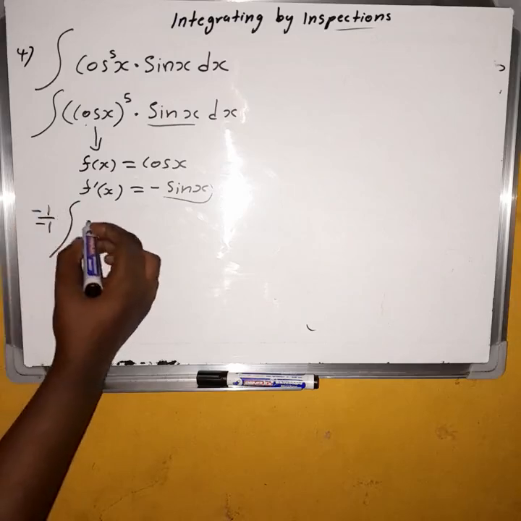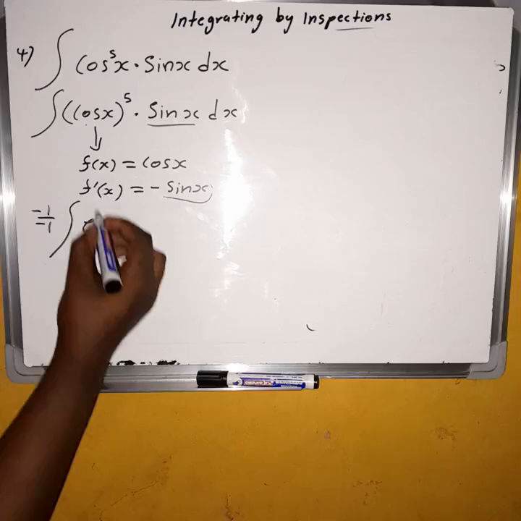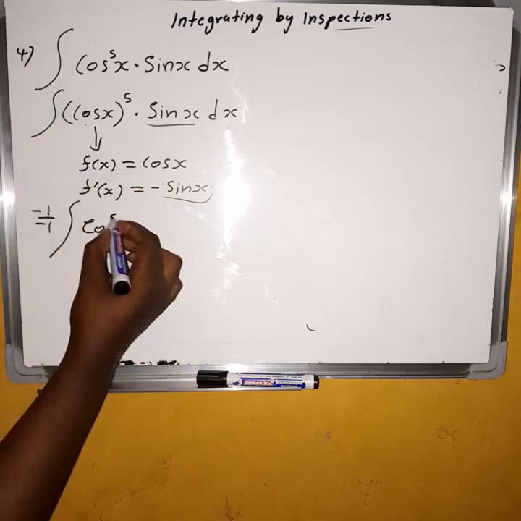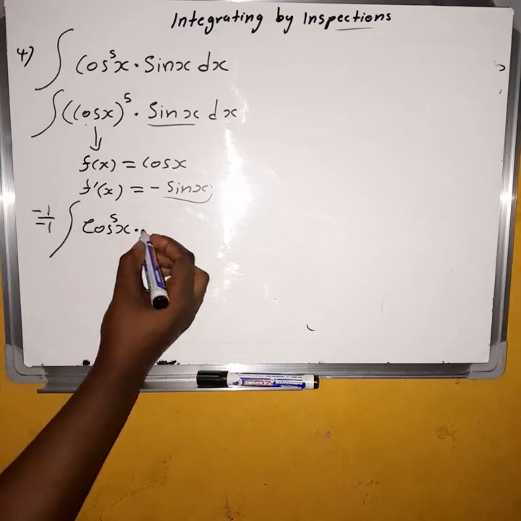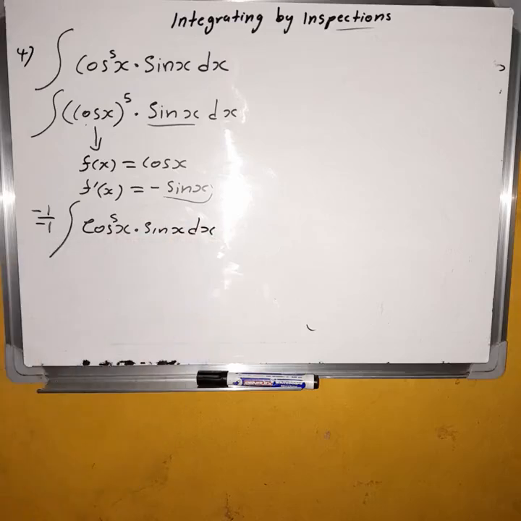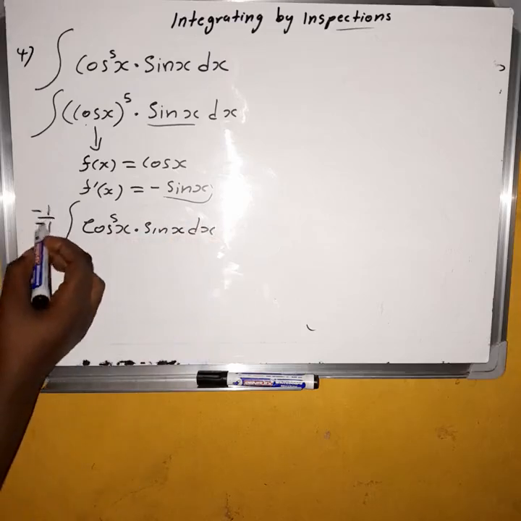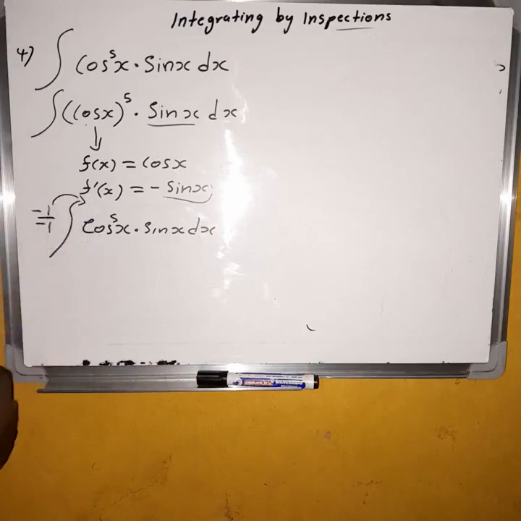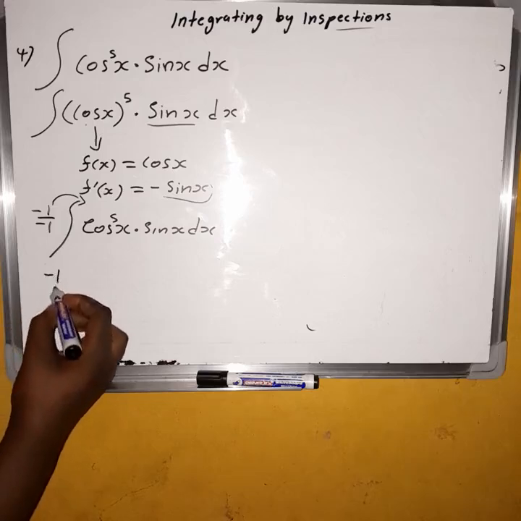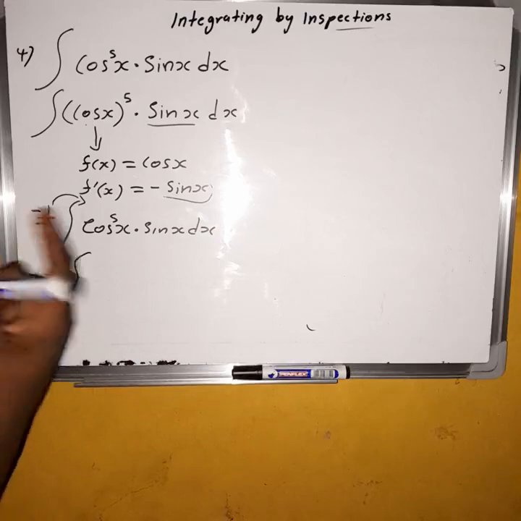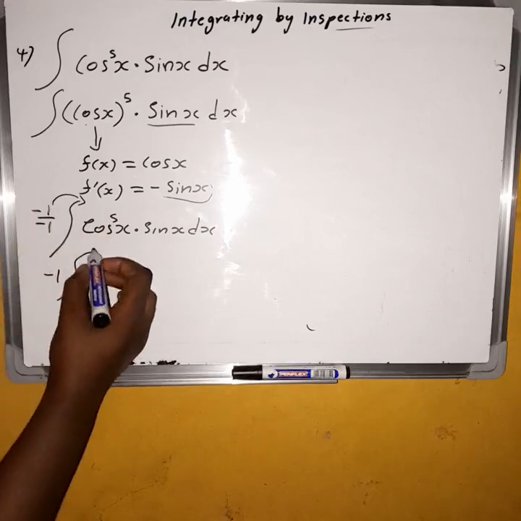See, the integral of cos x raised to the power 5 multiplied by sin x dx, right. Then we can take the negative outside, and we'll be left with negative 1 times the integral.